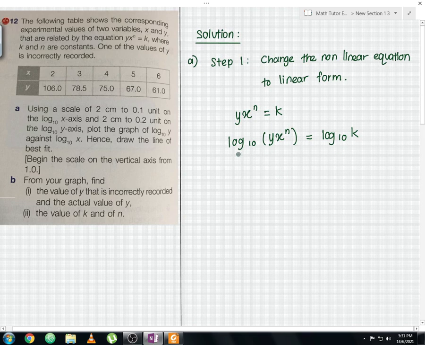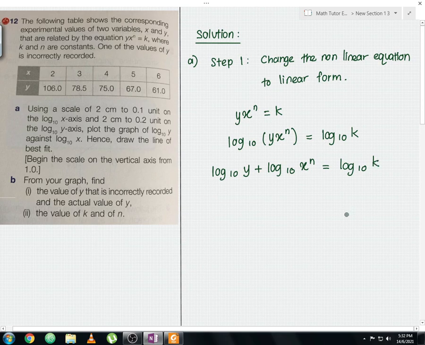Okay, for the left hand side, we're going to split this into two logarithms, through the law of addition. So from here, log 10 y plus with log 10 x to the power of n is equals to log 10 k.